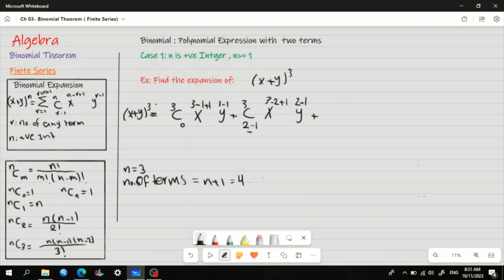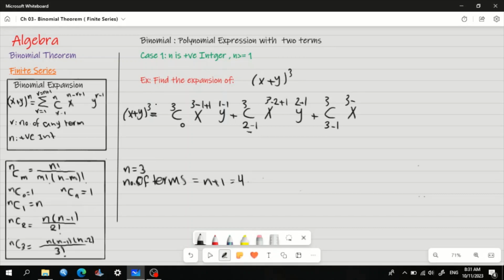plus 3 combination, here r is equal to 3 minus 1, x to the power n minus r plus 1.